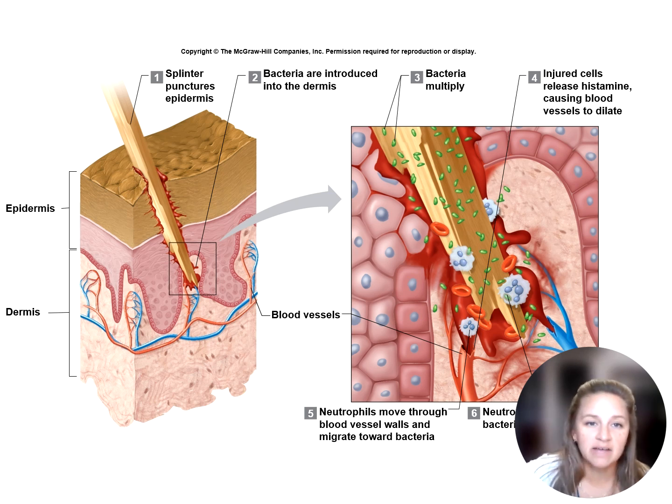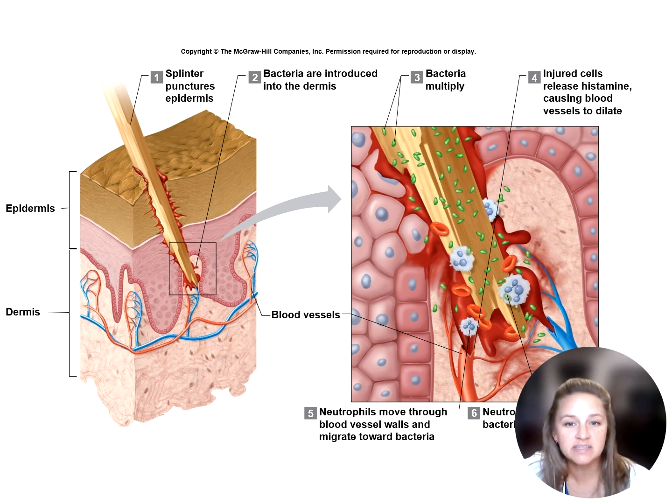So let's look at a specific example. Here what we have is a splinter that's puncturing our skin, our epidermis and our dermis, and then it's come in contact with a blood vessel. On this splinter, we have bacteria that are being introduced to the dermis. And when this happens, this stimulates a cascade of events for our leukocytes to come and neutralize this threat, kill this bacteria.